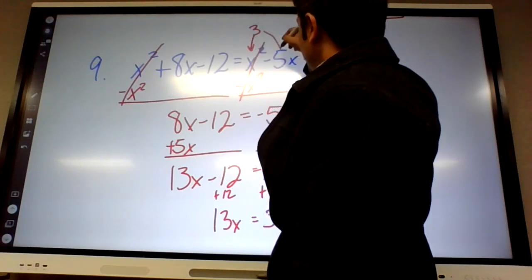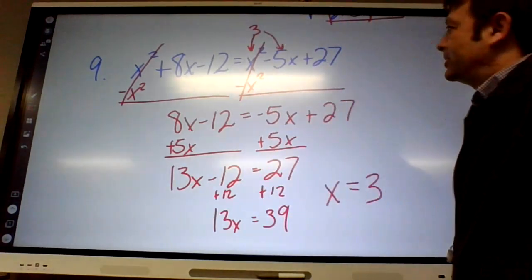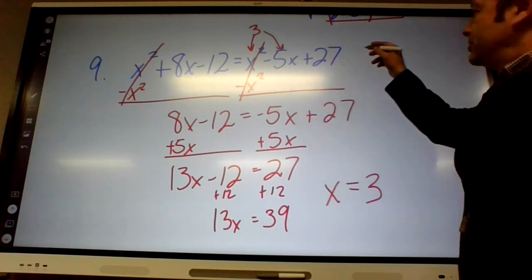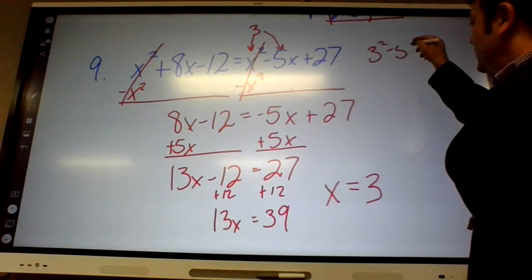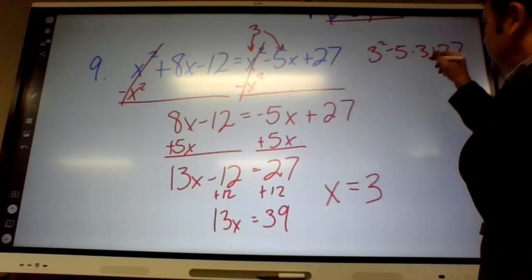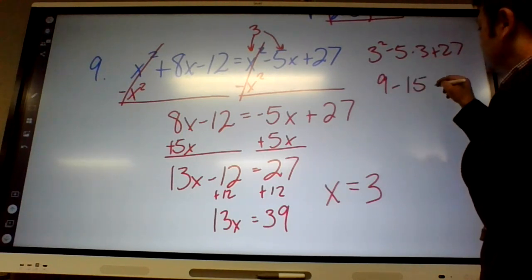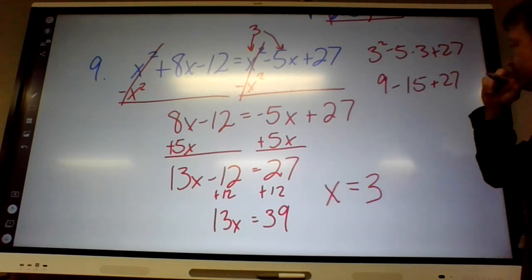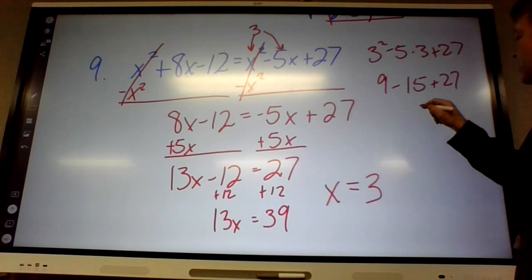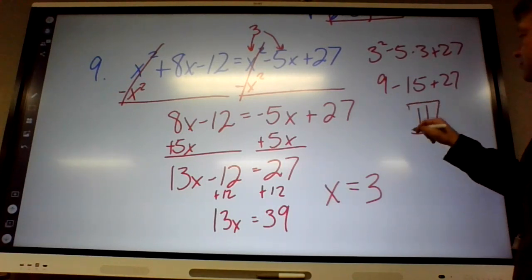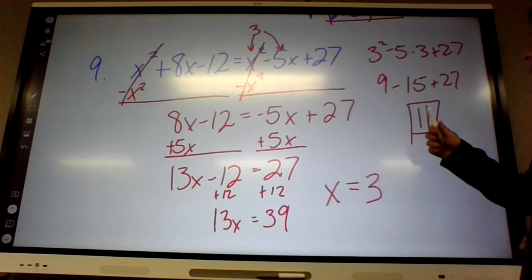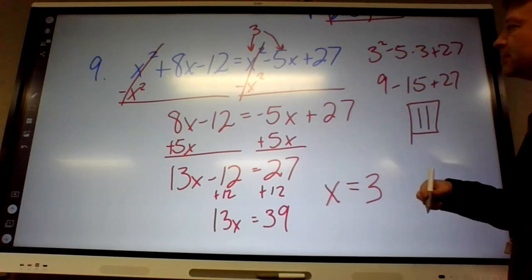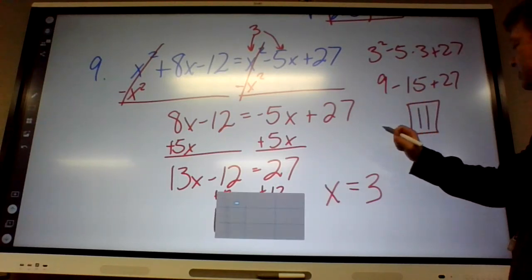Actually, you should get the same answer on both of these, but if I plug in 3 right there, I get 3 squared minus 5 times 3 plus 27. I believe that's 21. That's a minus 15. Oh, I forgot to divide by 2 also.